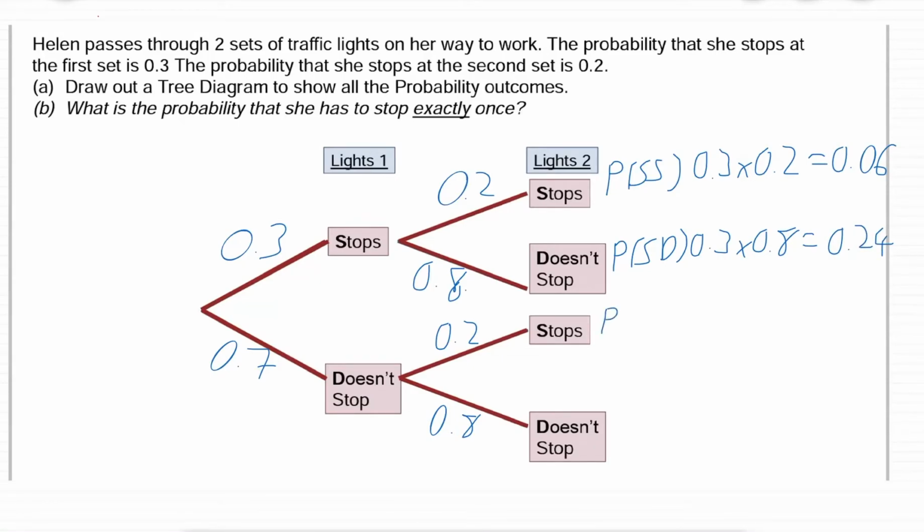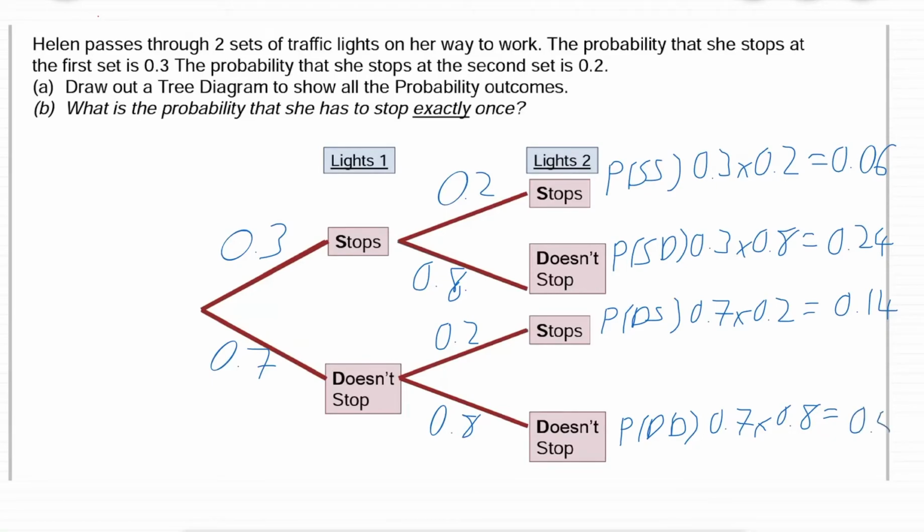Next one, probability doesn't stop and stops. We have 0.7 times 0.2, that's 0.14. And finally then, probability doesn't stop and doesn't stop. We have 0.7 times 0.8, which is 0.56. So that's part A done. We have all the probabilities.